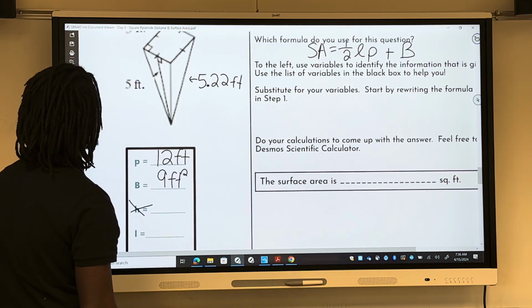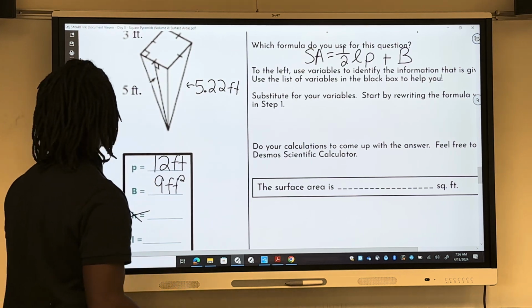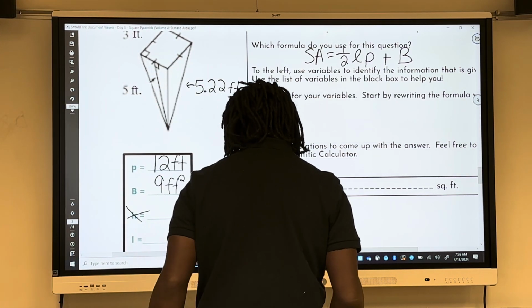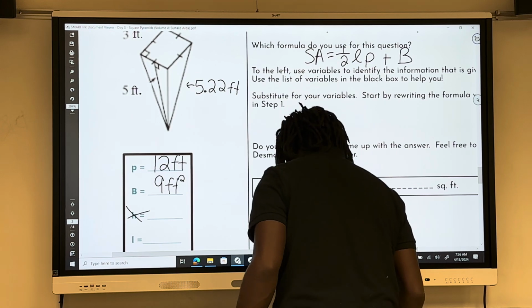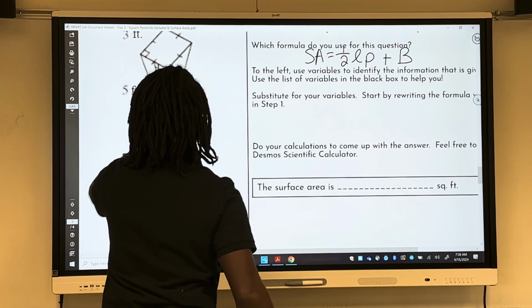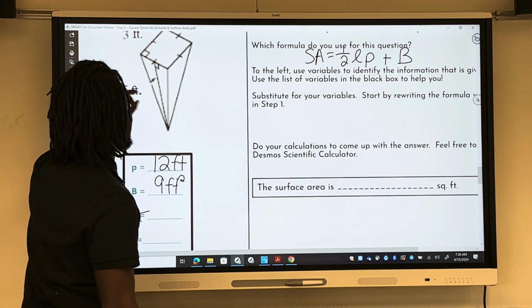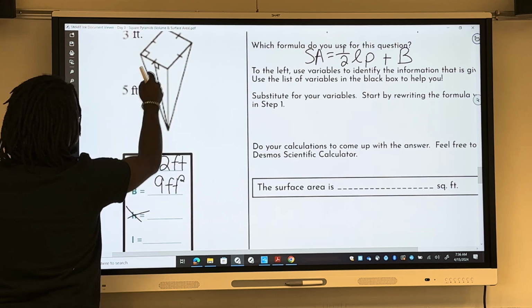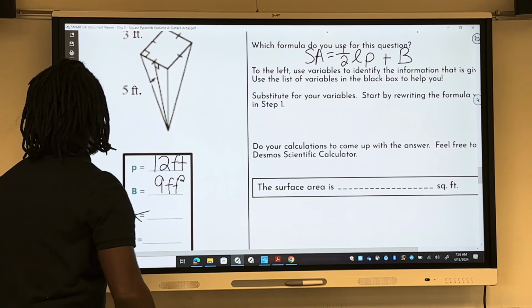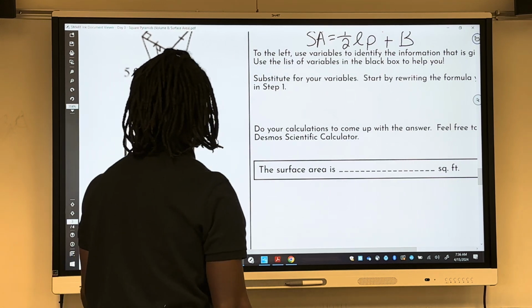And then the slant height, I told you, wasn't given because this was, you know what? I'm sorry, you don't need that. It is not 5.22. It is the 5. I was looking at that incorrectly, thinking that was a dotted line. So it is 5 feet for the slant height, all right?